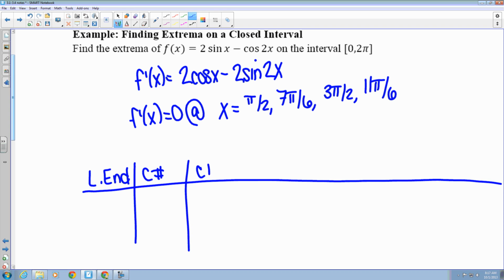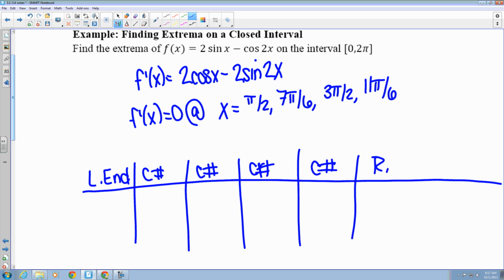Critical number, critical number, critical number, and the right endpoint. So in numeric order.